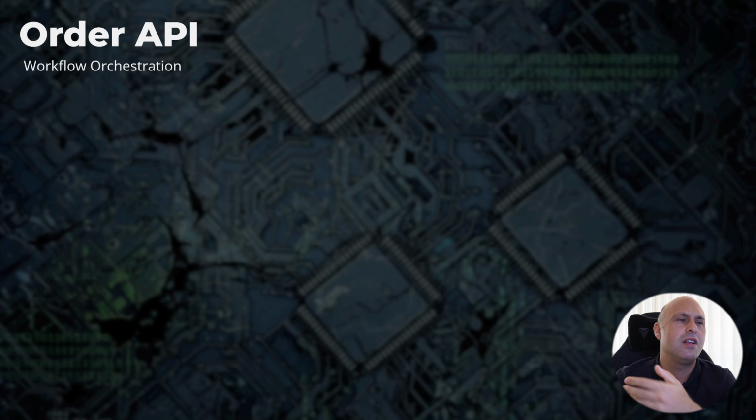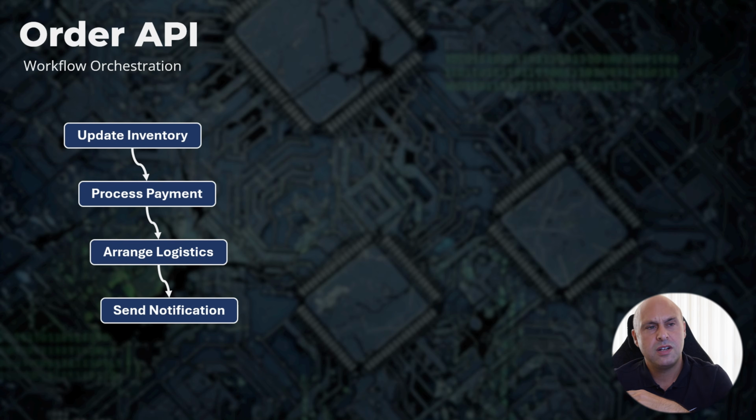And we can use the example of an order API, where a customer places an order and it kicks off a complex workflow. We need to check the inventory, process the payment, notify the logistics, update the product catalog, possibly send some notification. So this is a workflow that has multiple domains involved.